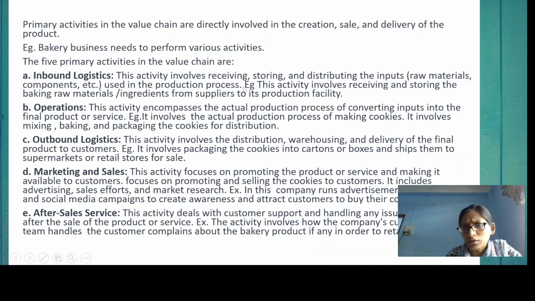For example, it involves receiving and storing the baking raw materials, ingredients like flour, and then eggs or whatever other things are needed for preparation of those bakery products.